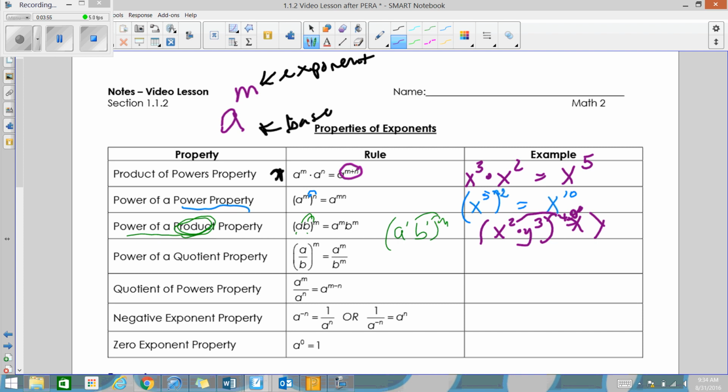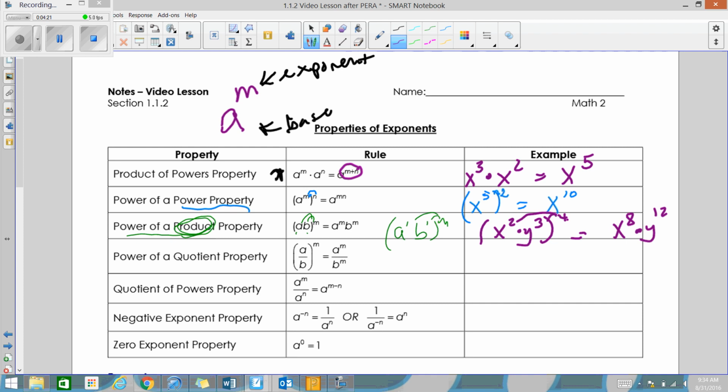Sorry, I'm using this pen on my computer and it's not working right. Because it was the 4th power, x to the 8th times y to the 12th. That's how you do that. You just distribute that exponent on the outside. Let me erase that so you can see what it was. It was a 4th power. All right, so there you go.